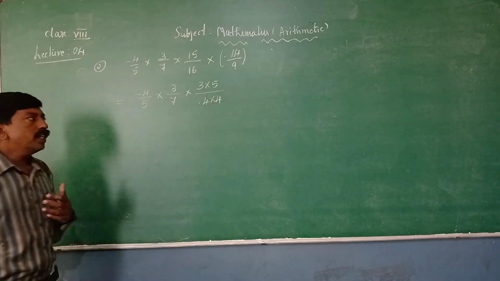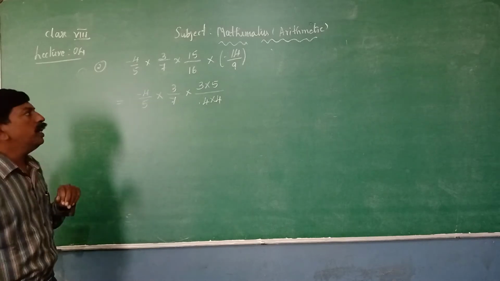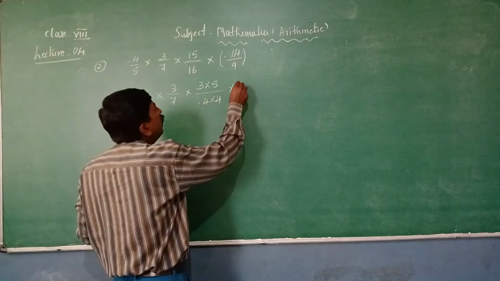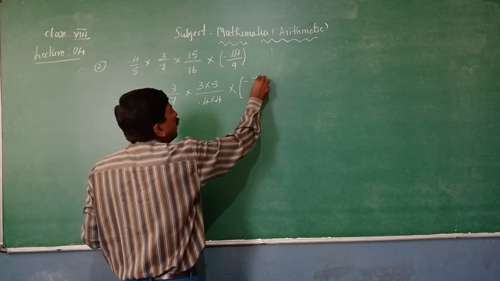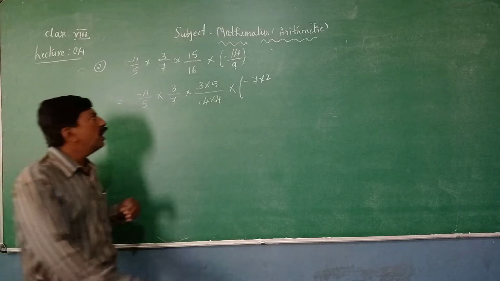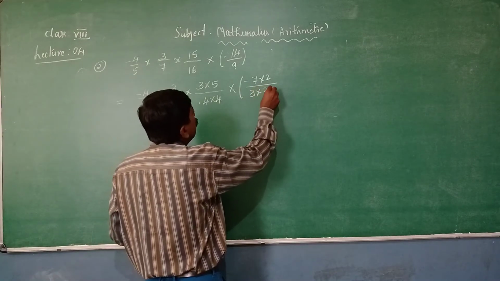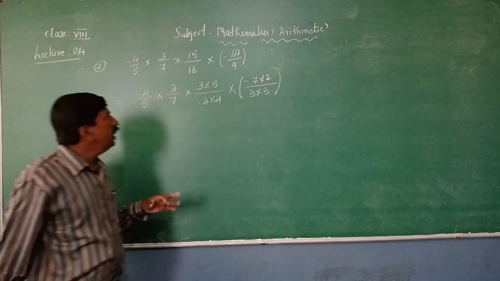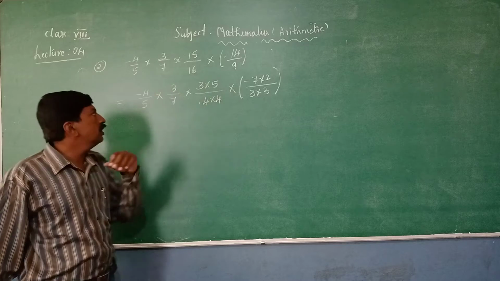Here also 4, here also 4, that needs to be eliminated. And 14 can be written as 7 into 2. 9 can be written as 3 into 3. There are different methods, but I made them into factors.